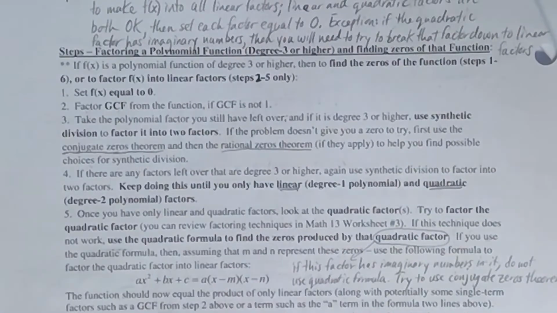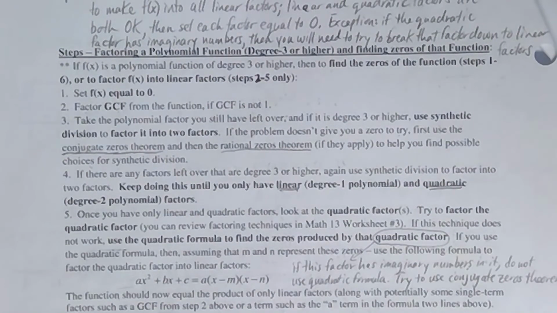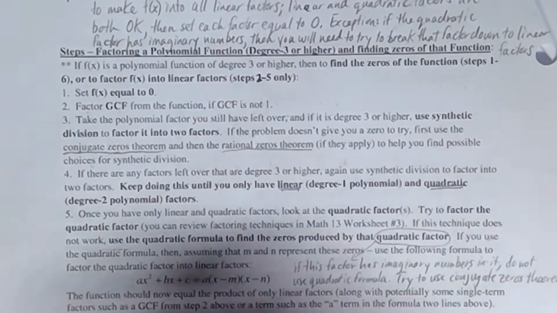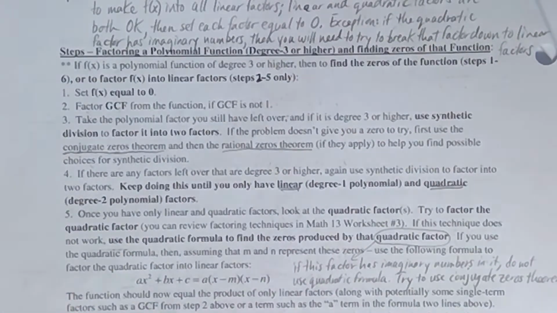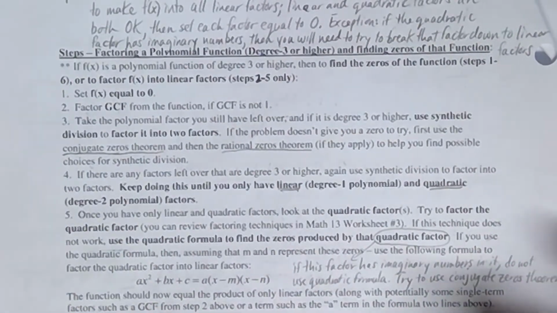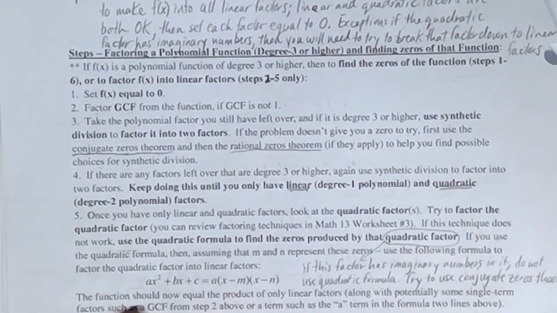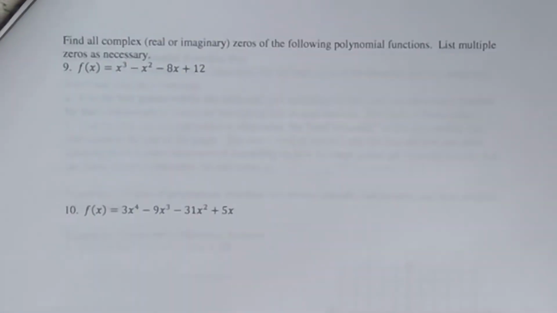Okay, we had that one exception where you had the quadratic factor with the i's in it, but other than that, you can set each factor equal to 0 and then find all of your zeros that way. Okay, so the rational zeros theorem in this case is going to help us get down to the linear and quadratic factors. Let me explain what the rational zeros theorem is.